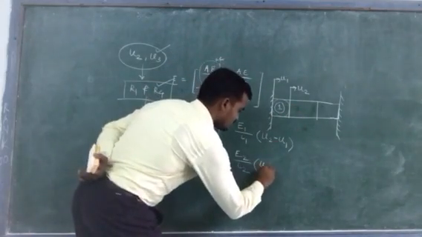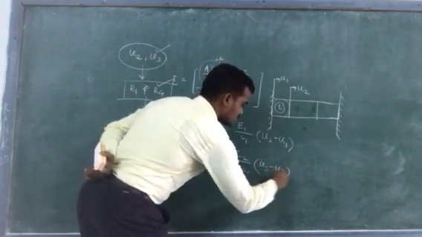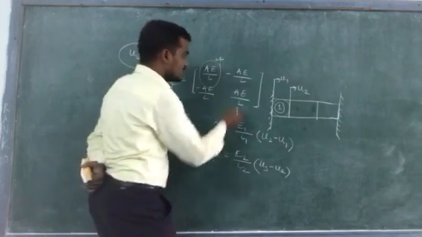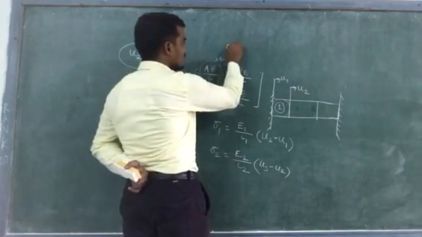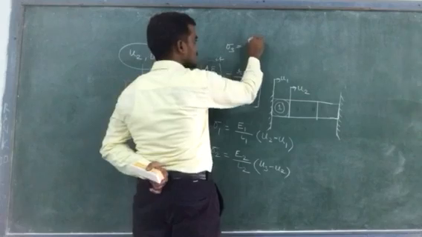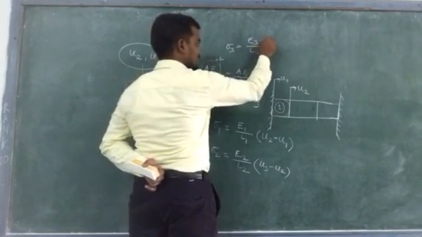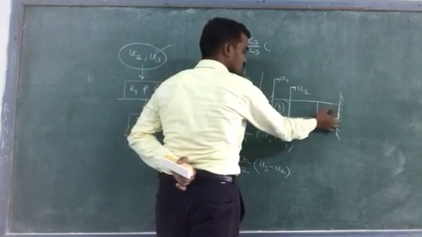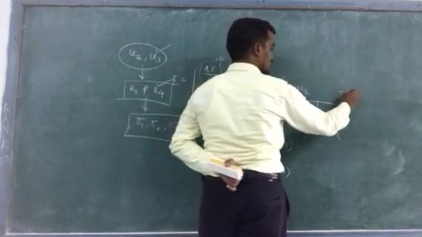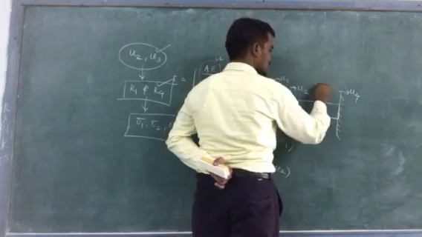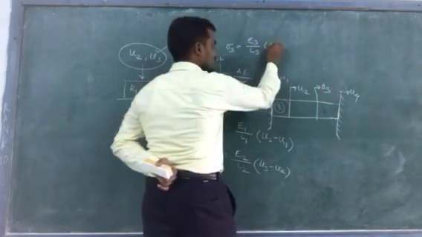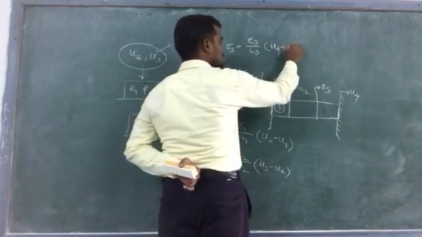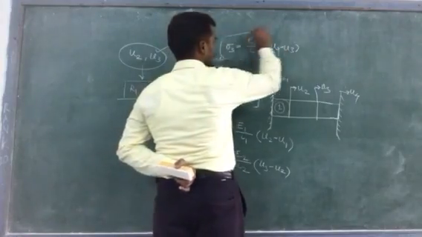And finally, sigma 3 is given by the formula E3 by L3 in bracket the difference between the two displacements for this element. This is nothing but your U4 and this is your U3. So it will become U4 minus U3.